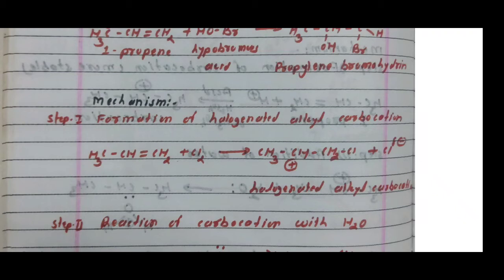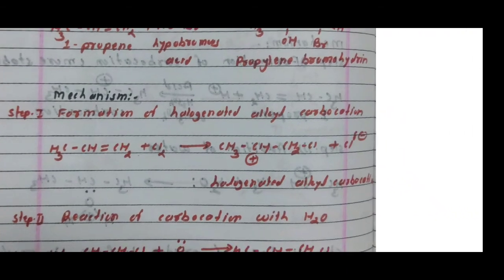I am showing here propene plus Cl2, formation of CH3 CH positive charge CH2Cl. Name of this compound is the halogenated or chlorinated alkyl compound. That is, the first step is the formation of halogenated alkyl carbocation. This is the first step of the mechanism.